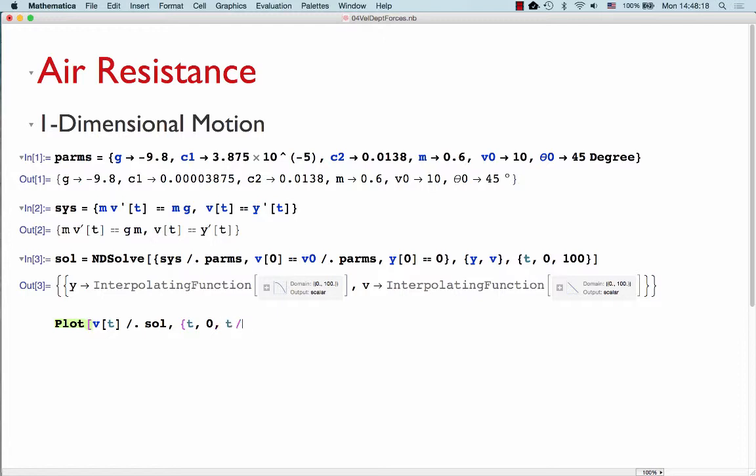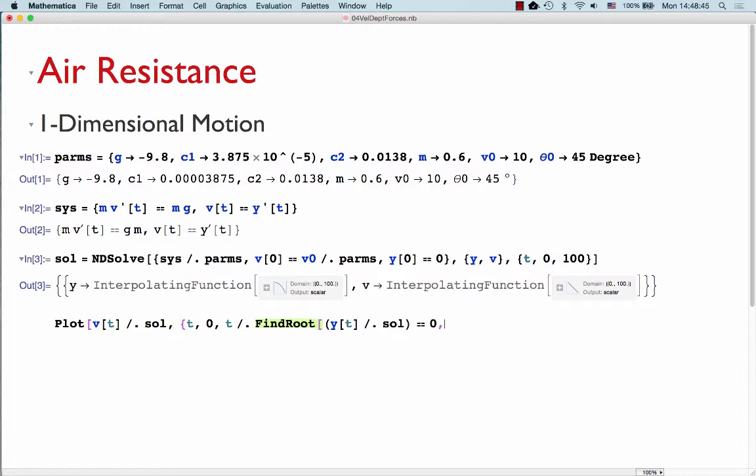So we'll find when it hits the ground by finding the root of y of t for our solution, identically 0. So that'll be the time that it hits.